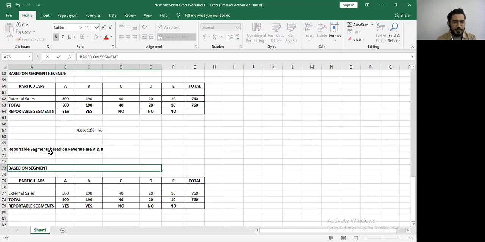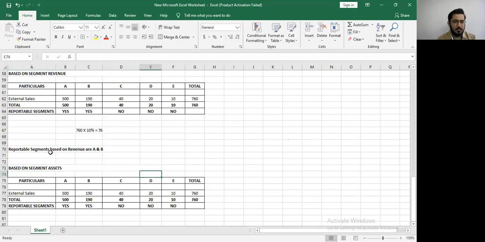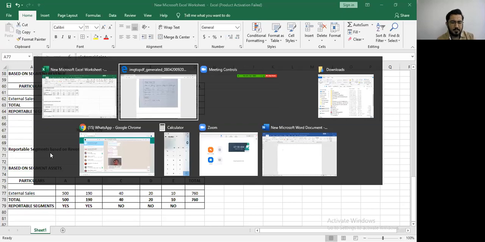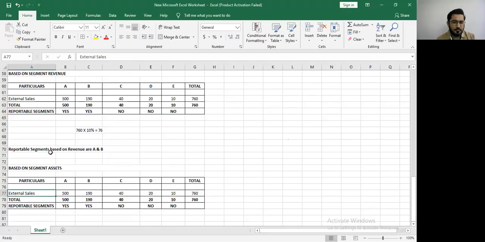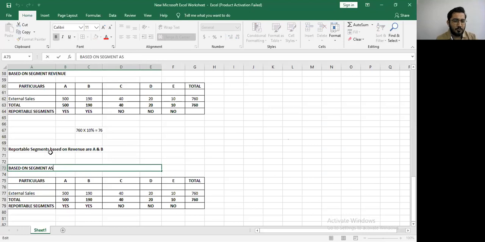Based on segment assets, this time you have no DTA. Sorry, based on result. Second, you have based on result.